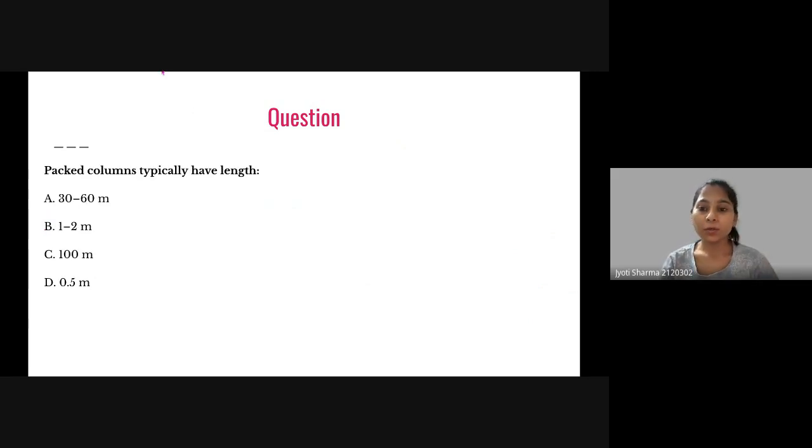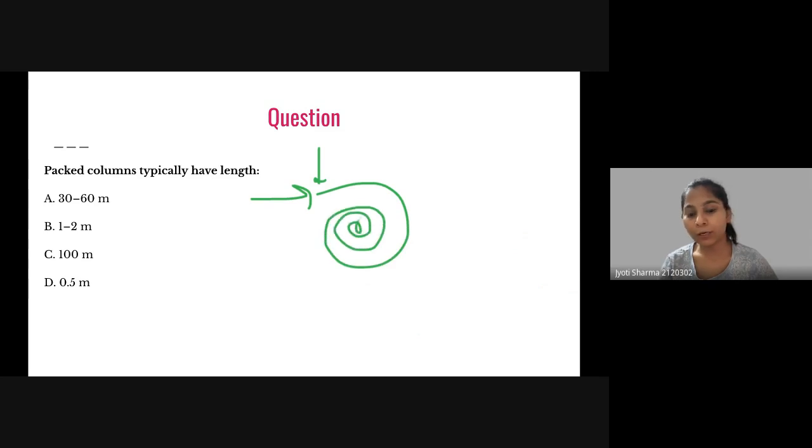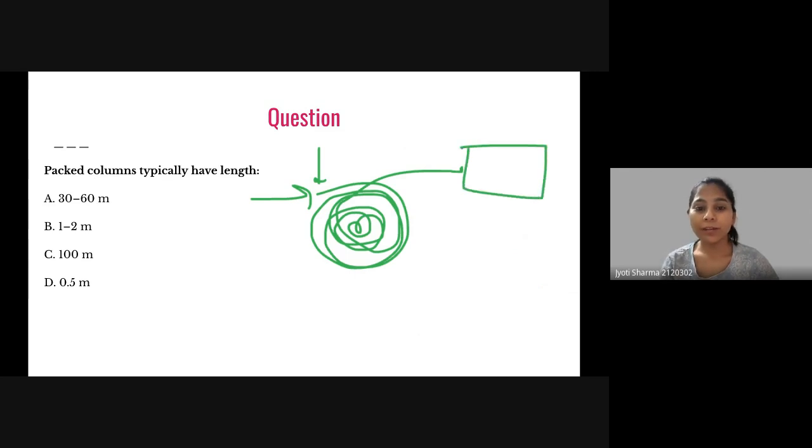Okay. As I told you, in gas chromatography we have carrier gas, we have sample, and then this sample and carrier gas will go to the column, and then we will have some detector, right? So we are talking about this column part.